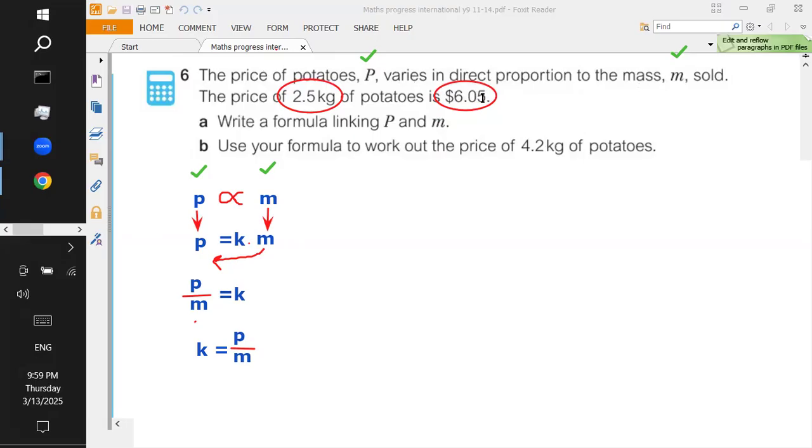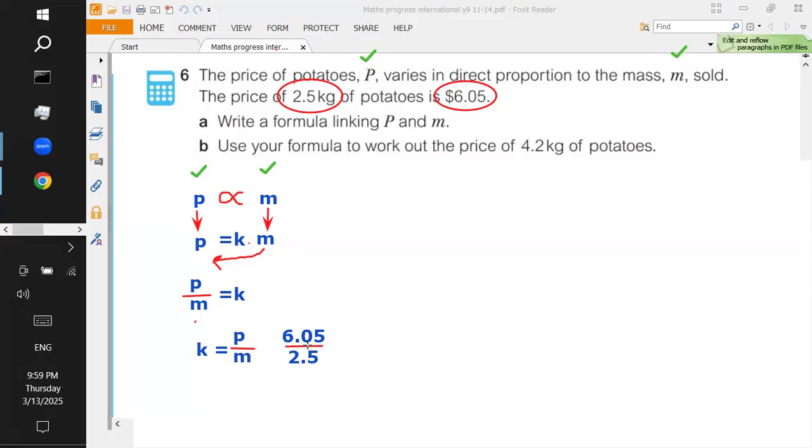This means I'm going to take the price, which is 6.05, I'm sorry. This is the price. And M here is the mass, and the mass is in kilograms, so it's 2.5. So I'm going to divide by 2.5 like this. So 6.05 divided by 2.5. This division will help me find K, the constant of proportionality.